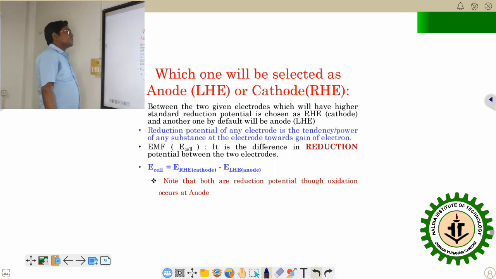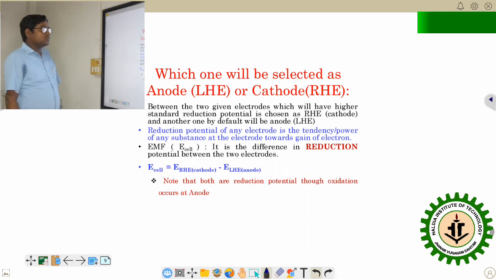What is the principle? Among the two electrodes, the one which has the higher reduction potential, we have to use that as right hand electrode or cathode. Among the given two electrodes, the one which has the higher reduction potential will be taken as cathode or right hand electrode, and obviously the second one will be taken as anode.